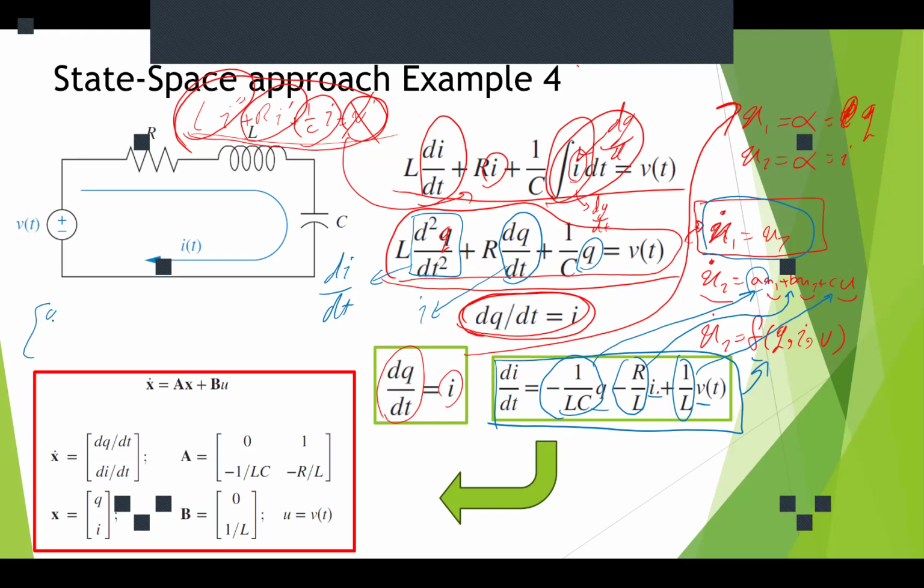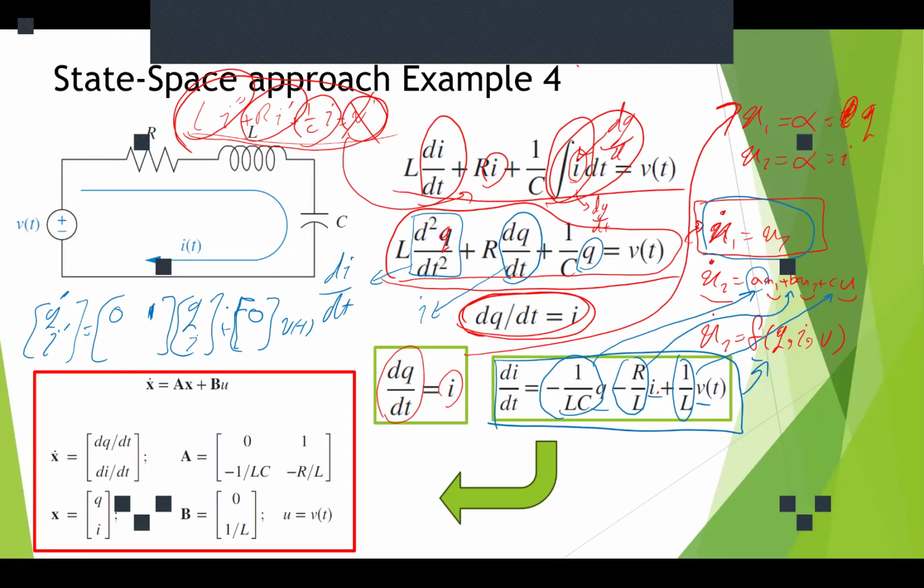This is q dot, let's use prime. q prime, I prime is equal to a matrix times q, I plus another matrix times our input. Are we good? Now, this equation defines q prime or q dot and is equal to x2, which is I. So no q, and we have one I. And we don't have any input, 0.